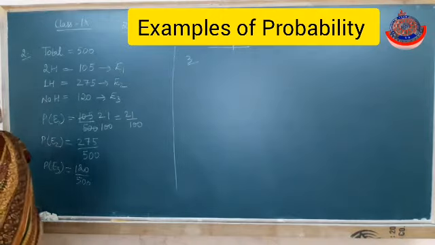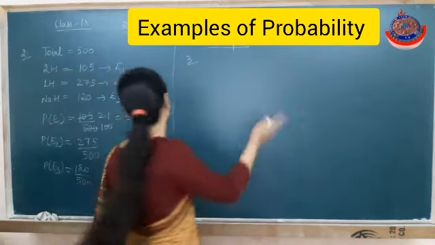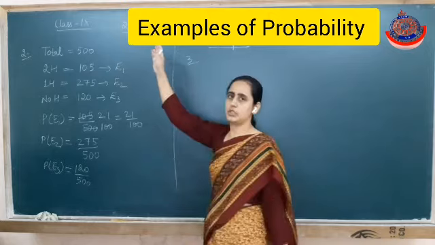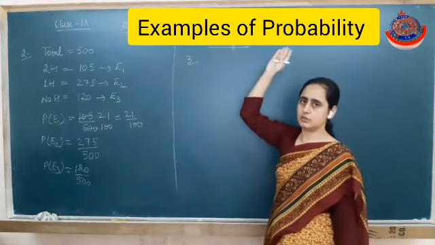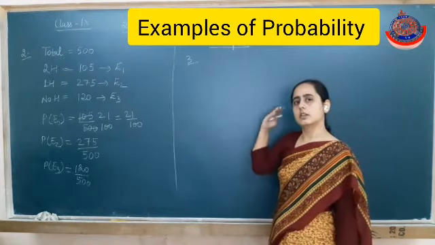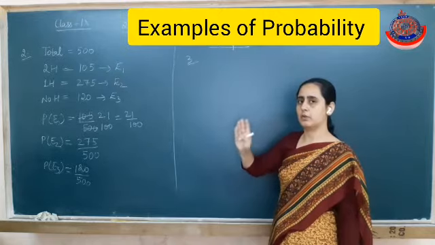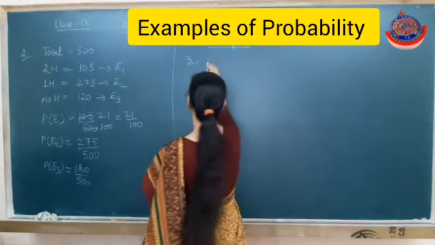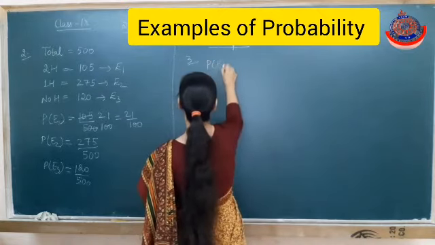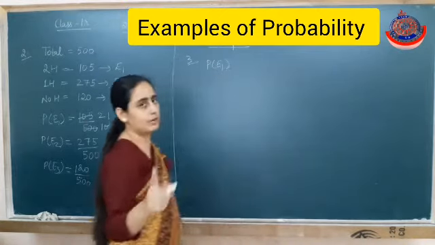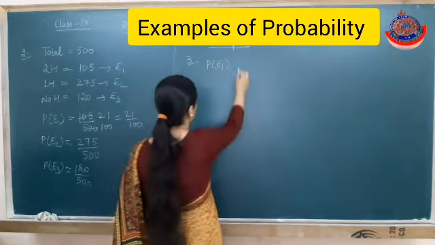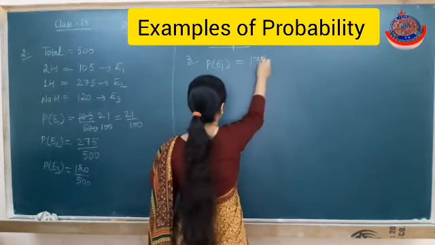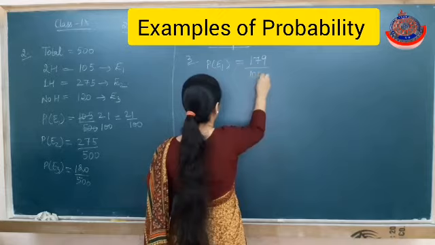So how we will be getting their probabilities? Again the same way. You have to mention let E1, E2, E3 and so on. They represent the chances of getting number 1, 2, 3 up to 6. Fine. So probability of getting E1. Now E1 was for number 1 and 1 is appearing 179 times and total are 1000.